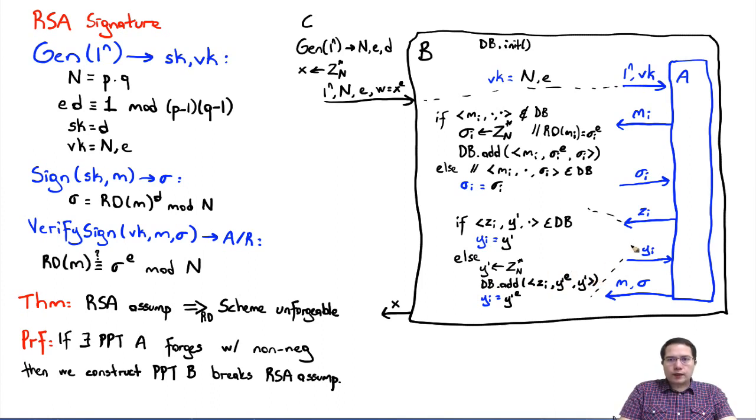Later on, let's say the adversary sends the same value to the signature oracle, so as a signing query. Then we already know the corresponding signature, we just need to return it to the adversary. So this is what happens in between these messages.